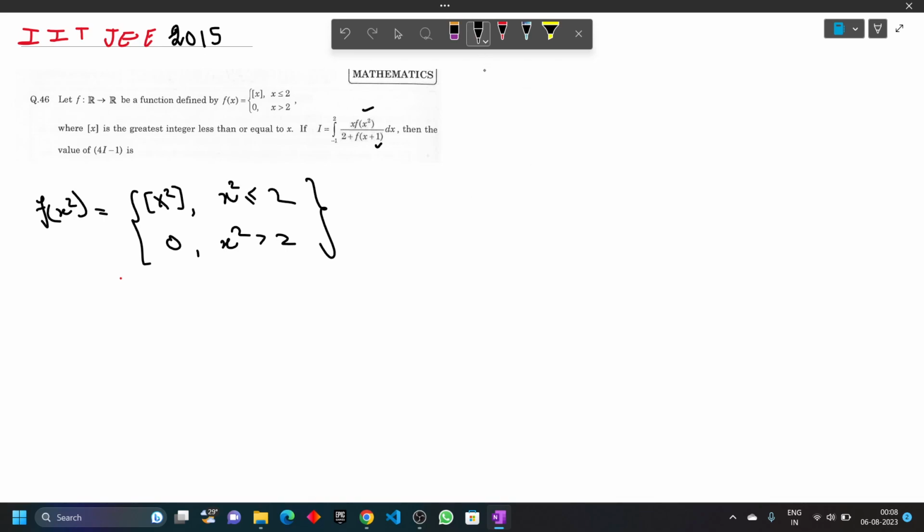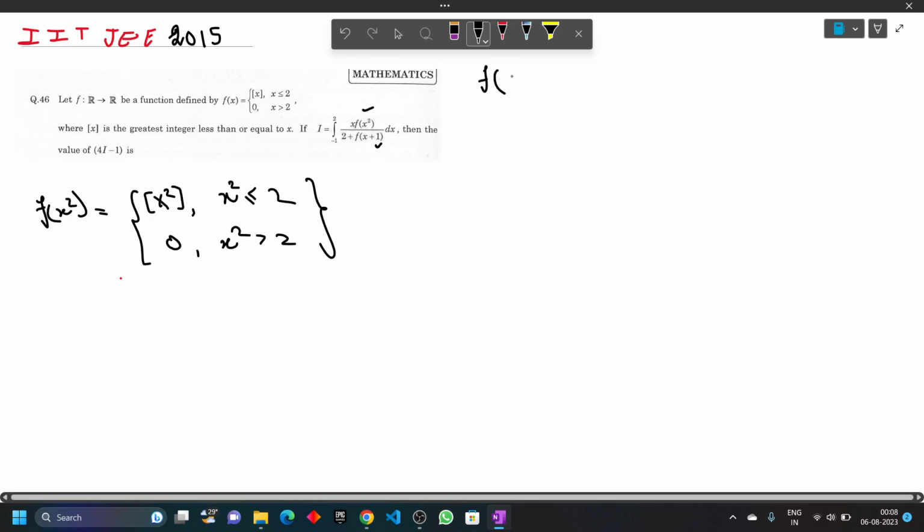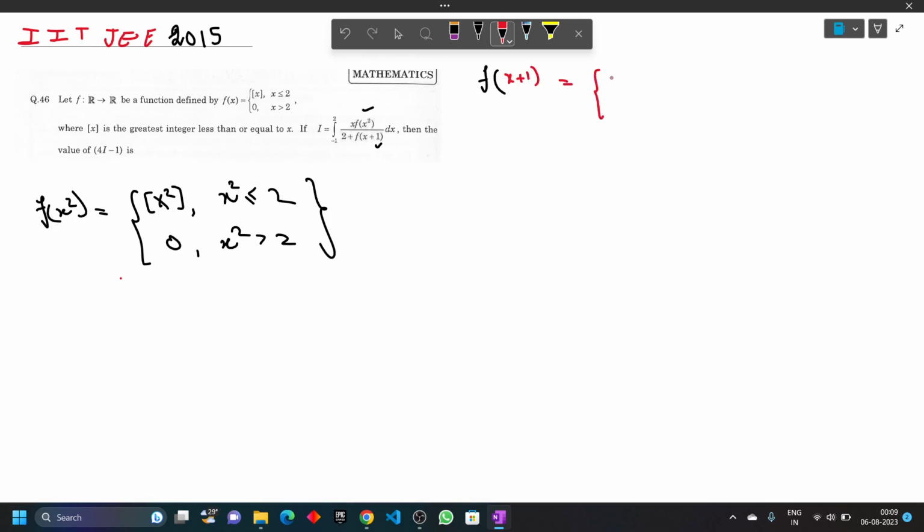And f of x plus 1 is equal to the greatest integer of x plus 1 if x plus 1 is less than 2, and 0 if x plus 1 is greater than 2. So these are the two functions.